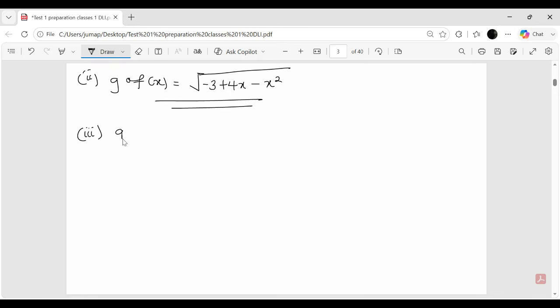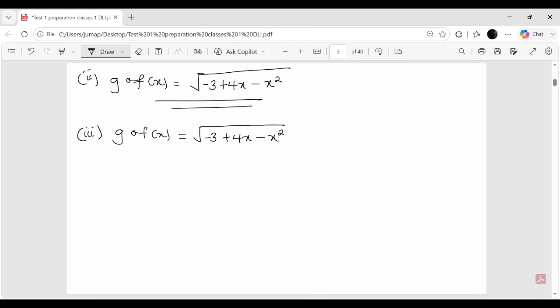So when you have g of f of x being equal to the square root of negative 3 plus 4x minus x squared, this is our function. When you're finding domain, what you need to understand is that domain is just representing the x values that are going to be solvable for a particular function.